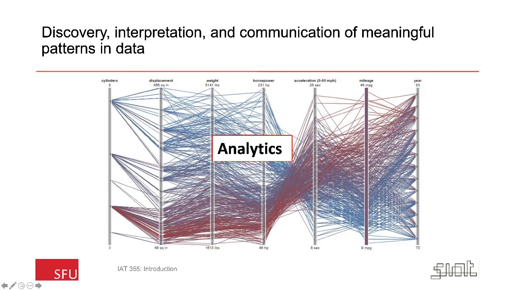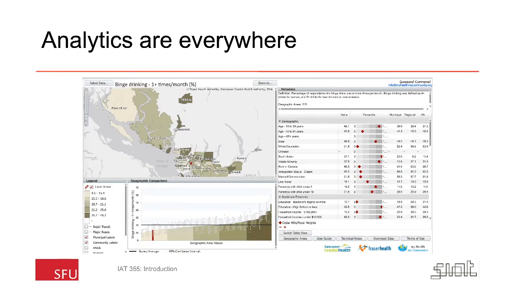What you're typically wanting to do with this is to analyze this data to understand what is going on in the underlying phenomena. And analytics are everywhere. So this is an analytics tool built by Vancouver Coastal Health and Fraser Health that is analyzing, interestingly enough, binge drinking one or more times per month and the prevalence of that throughout southwestern BC.